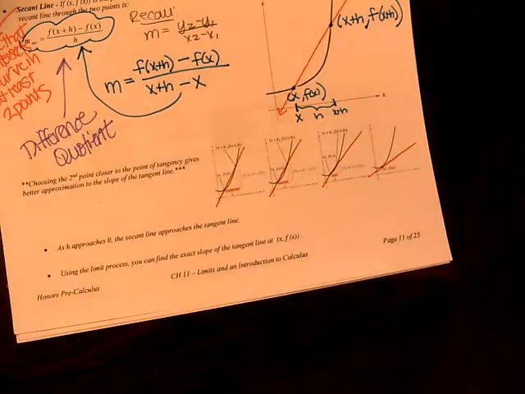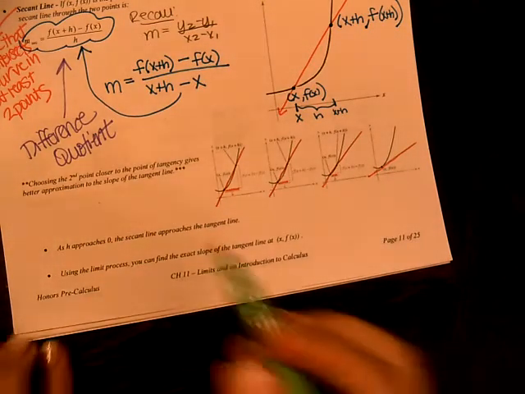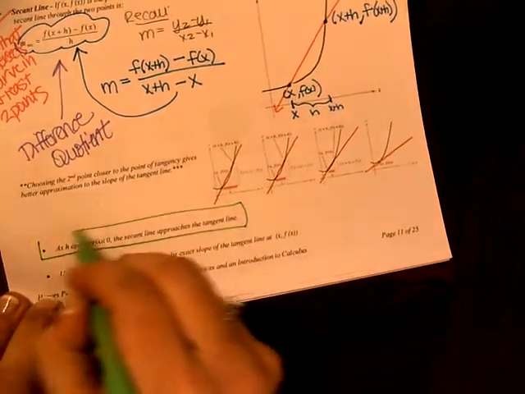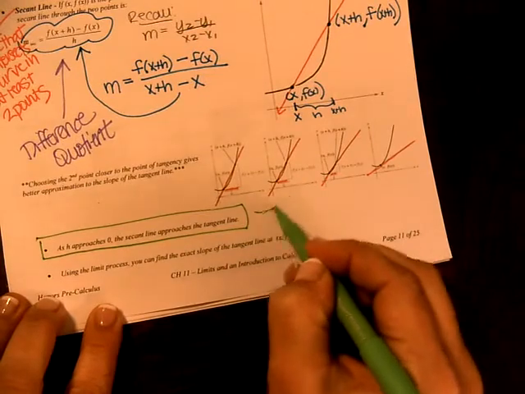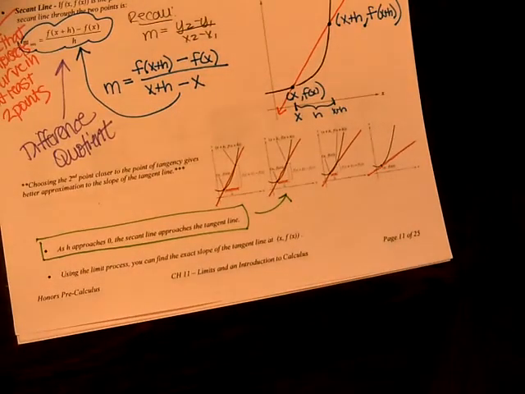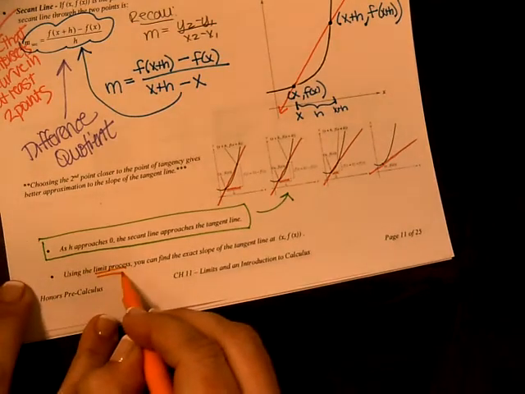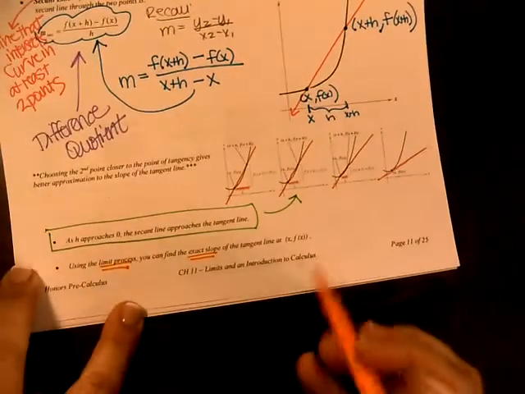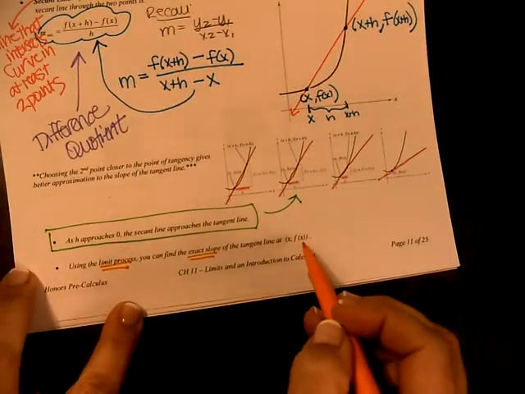And that's kind of where we get to the limit. So as h approaches 0, the secant line approaches the tangent line. That's what these pictures suggest, okay? And then using the limit process, we can find the exact slope of the tangent line at a certain point.